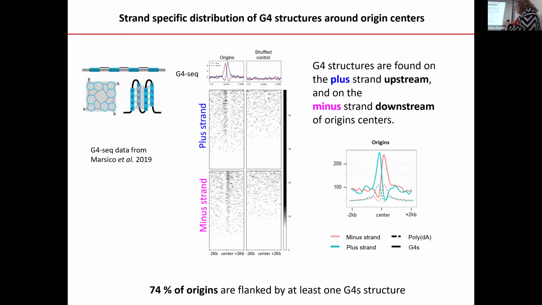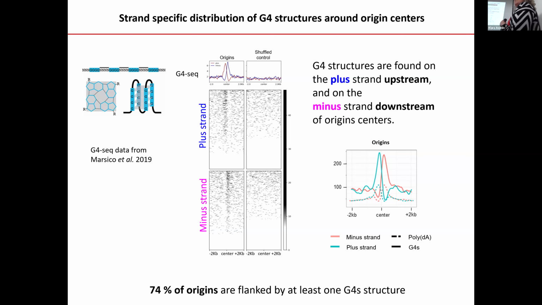And when we look at the localization in comparison with the A-enriched regions, here the dotted line is the poly-A enrichment, in blue for the plus strand and in red for the minus strand, and the line is the G4 signal.